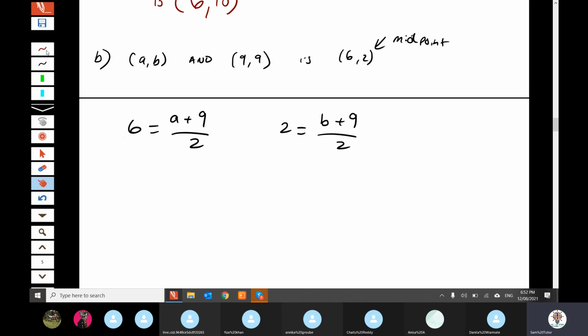And then times 2, that becomes 12. Take away 9. That's A equals 3. And for B, times 2 and take away 9.